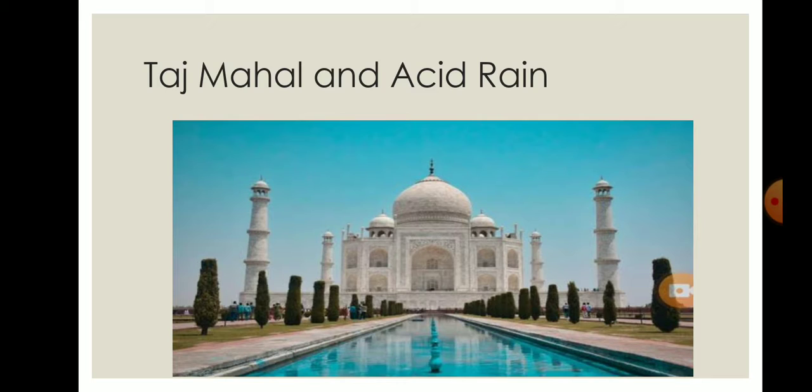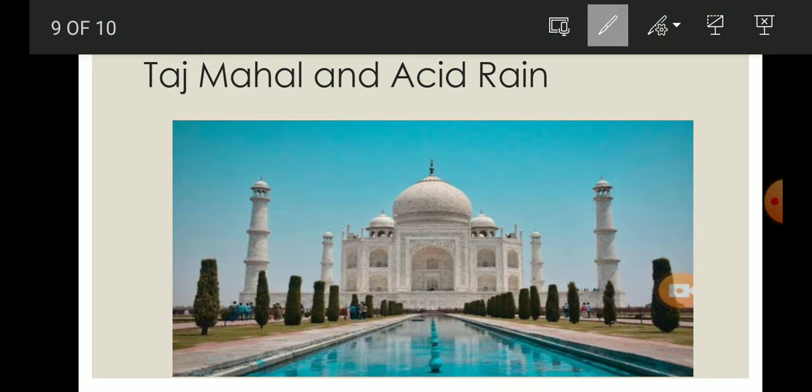Now students, through these two sources lots of sulfur dioxide and nitrogen oxides are released into the atmosphere, and these are coming to the area of Taj Mahal, and it causes acidic rain which is now falling on the Taj Mahal. And the marble of this Taj Mahal starts decaying. Okay, its marble starts decaying.